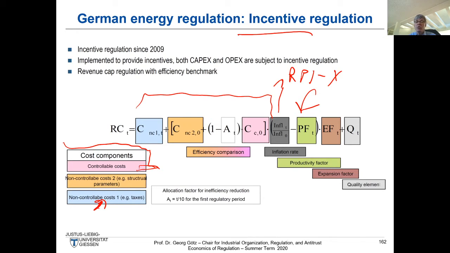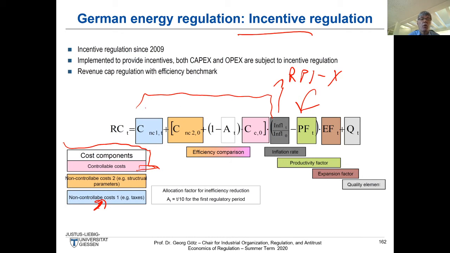Actually, they use something which is determined by the Sachverständigenrat, the German Council of Economic Advisors. But the problem is they typically have a general productivity index, not specific to, say, an electricity distribution system operator, but one for the general sector.